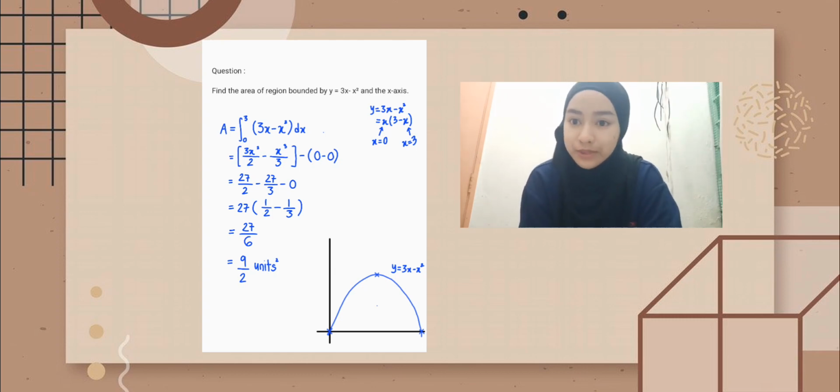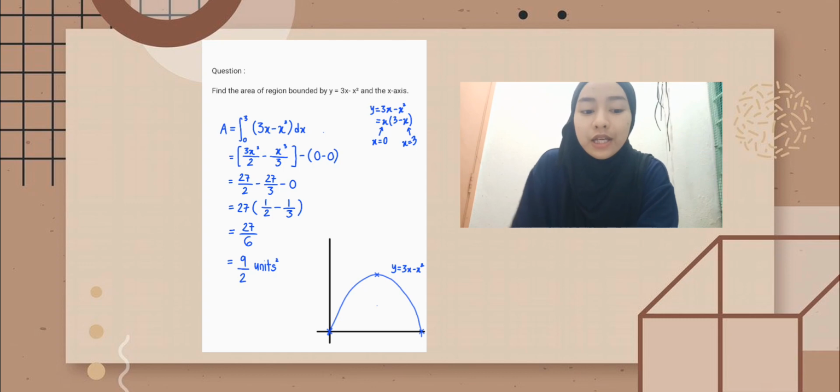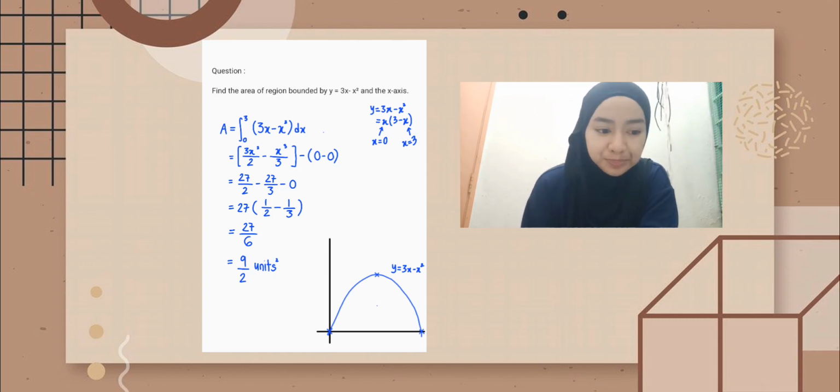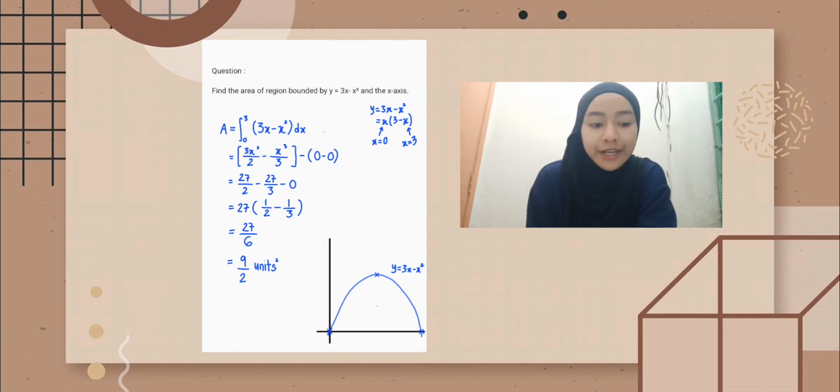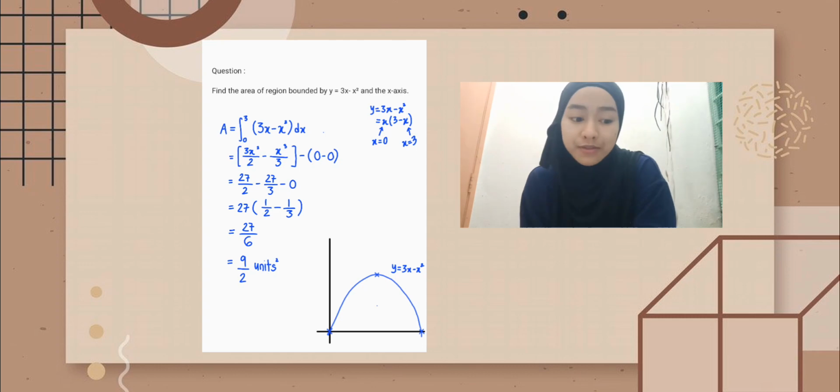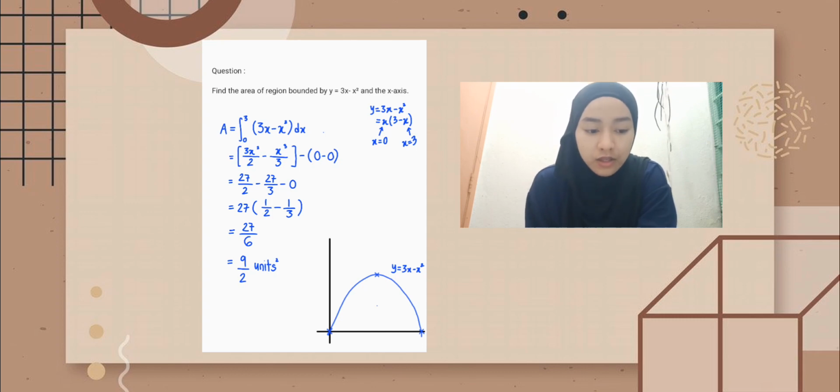So the integral of 3x minus x squared. Next, this becomes, in square brackets, 3x squared divided by 2, take away x cubed over 3, close bracket, with limits 0 and 3.